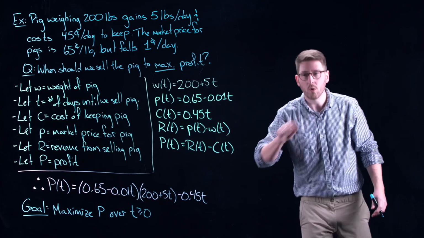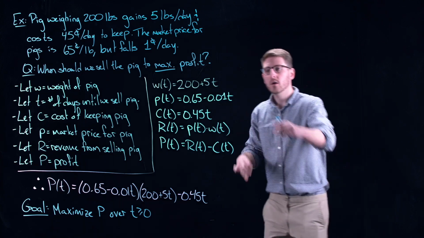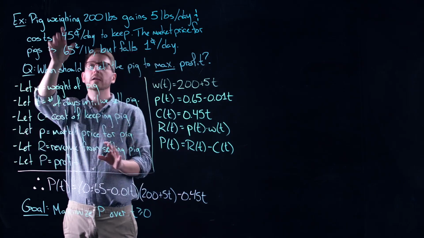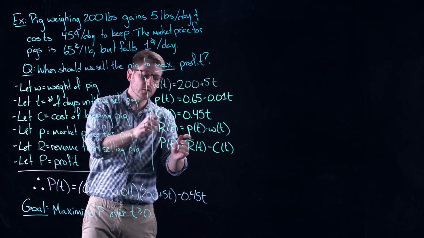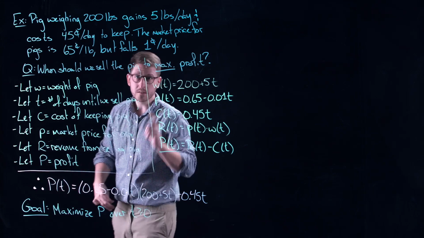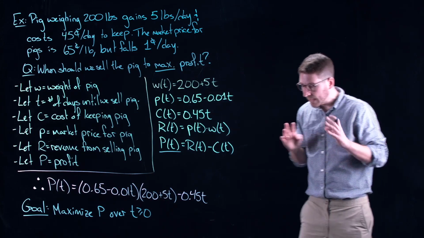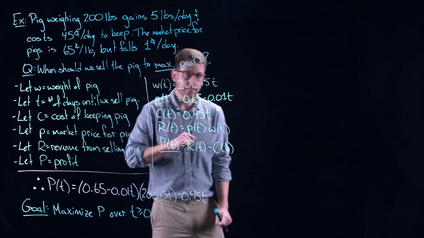We've got a single equation for the profit. We put everything together. We have all of these variables that came out of just this sentence here. We put them all into equations. We've boiled it all down to a single equation of a single independent variable t. Now what we would like to do is maximize this thing.